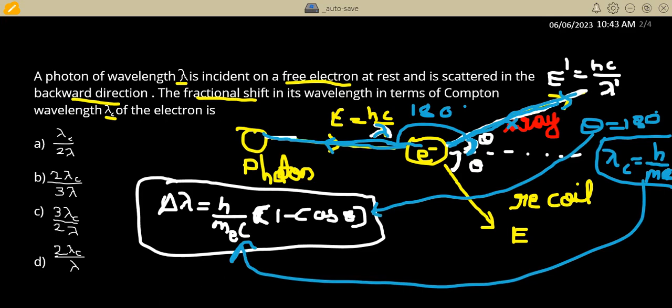So I am going to the next page for further simplification. Change in lambda is equal to h by mass into velocity into 1 minus cos theta. This is Compton's equation.